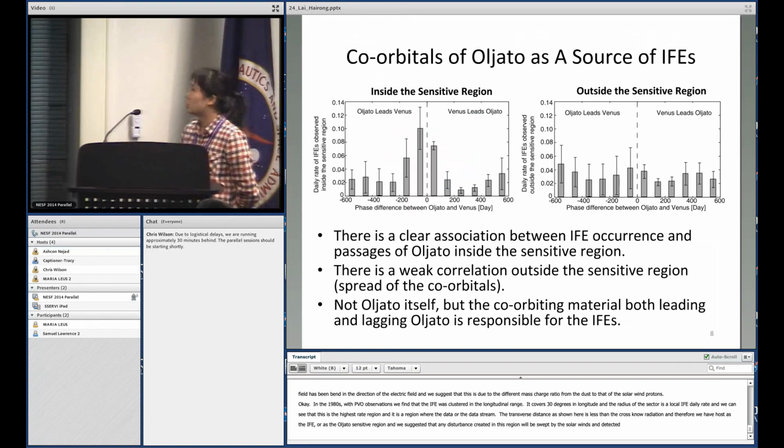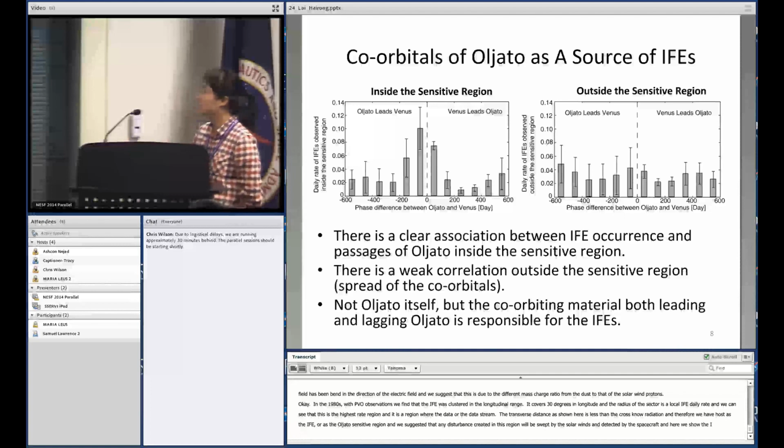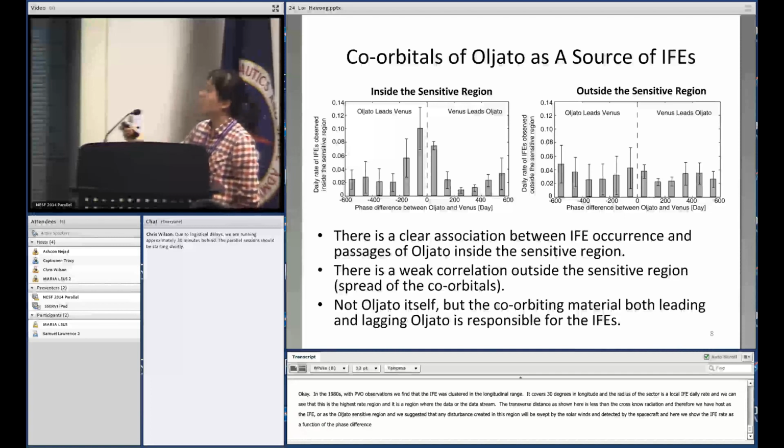And here we show the IFE rate as a function of the phase difference between Oljato and Venus, or the observer. Inside the sensitive region, we see that there is a clear association between the IFE occurrence and the phase difference.